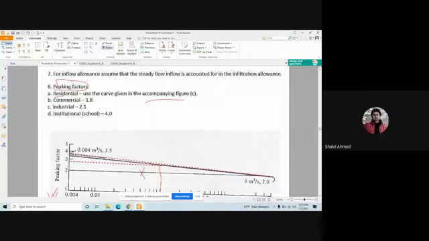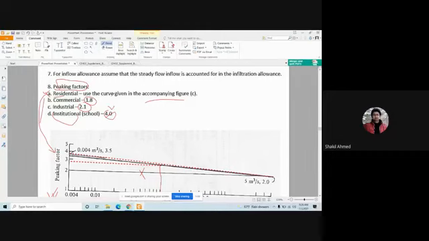For commercial area, peaking factor is 1.8. For industrial area, it is fixed at 2.1. Institutional peaking factor is 4. But for residential area, you have to use this graph. Why in institutional do you have a peaking factor of four, relatively higher than the others?